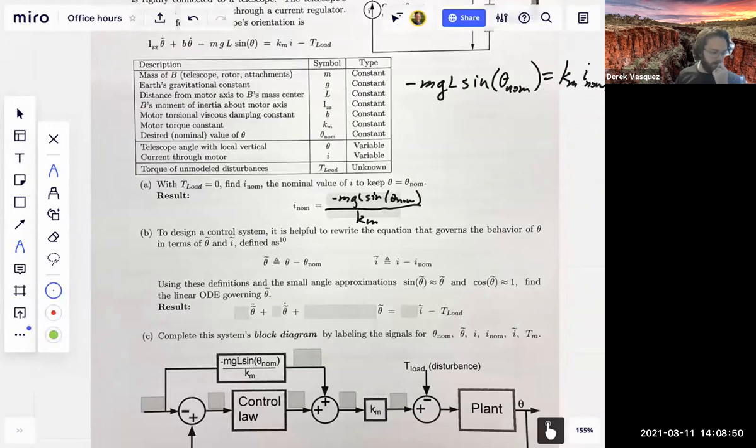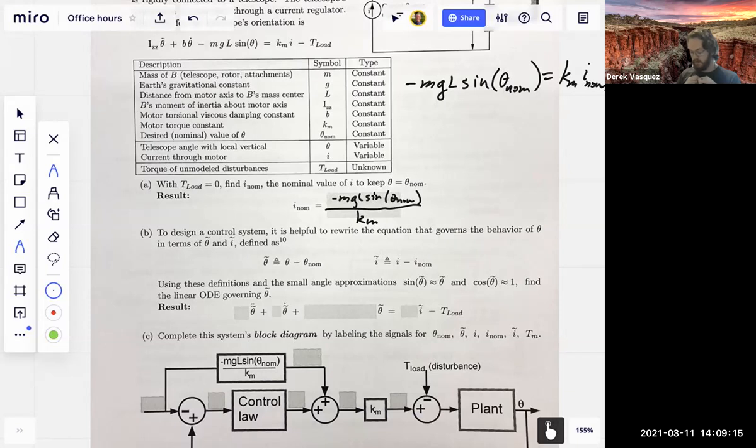So then part B, I guess part 2 in the current version of the textbook, says to design a control system. We want to write the ODE so that theta tilde is our error, so it's theta minus theta nominal.